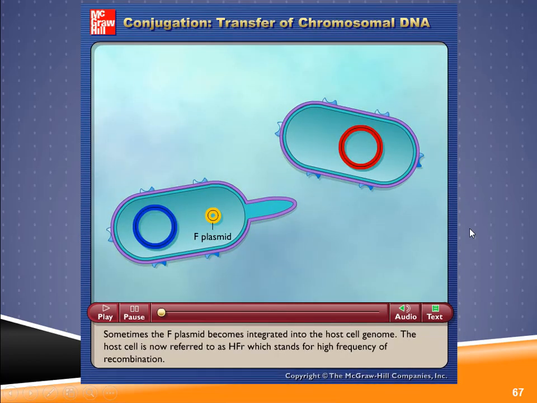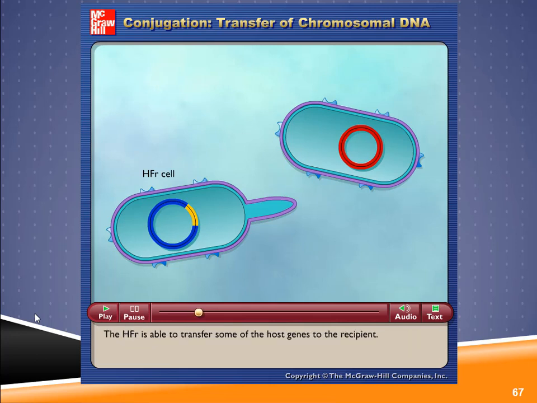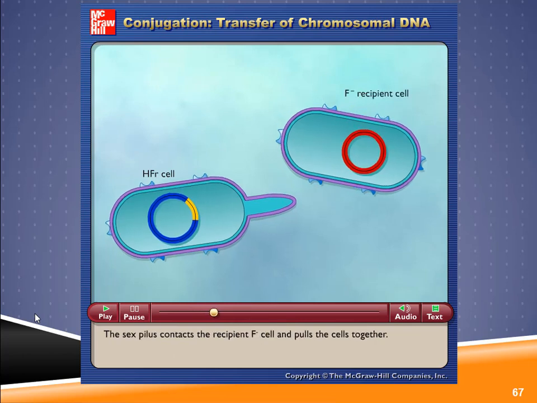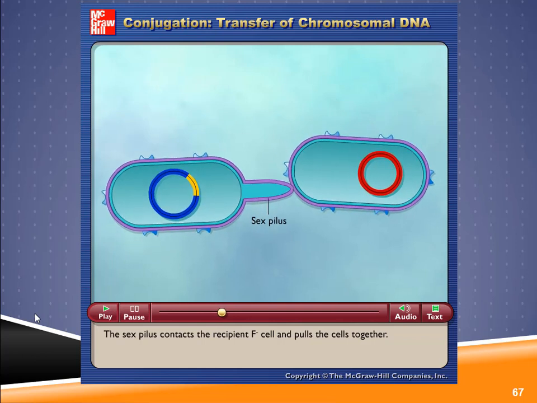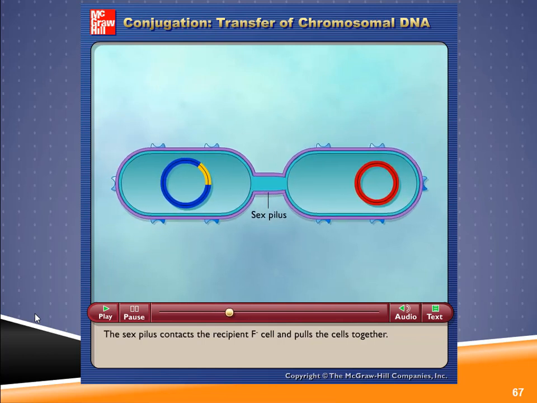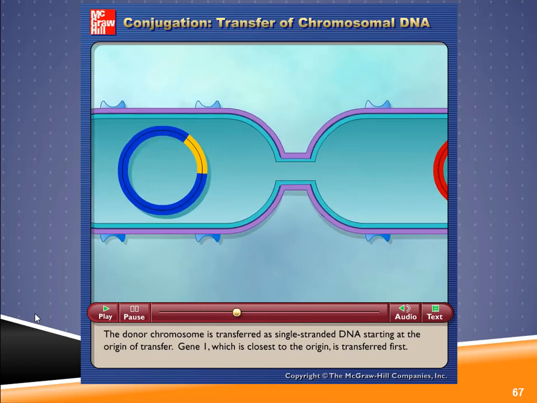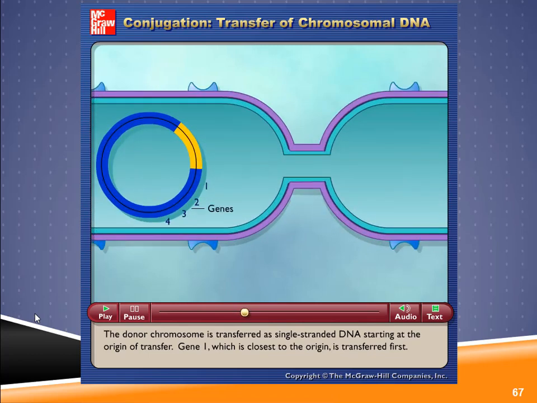So here's another type of conjugation. Sometimes the F plasmid becomes integrated into the host cell genome. The host cell is now referred to as HFR, which stands for high frequency of recombination. The HFR is able to transfer some of the host genes to the recipient. The sex pilus contacts the recipient F- cell and pulls the cells together. The donor chromosome is transferred as single-stranded DNA starting at the origin of transfer. Gene 1, which is closest to the origin, is transferred first.